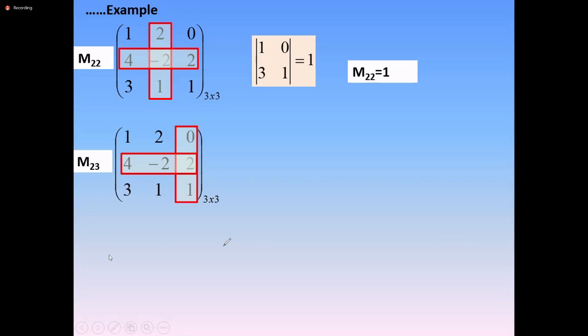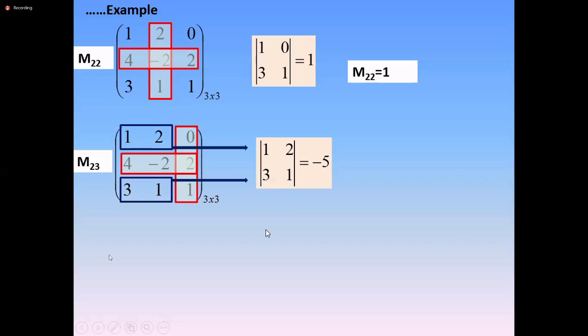Then what are the remaining values? 1, 2, 3, 1. Then take it as a determinant value. Just for explanation, when you do this in your examination, don't write this all at once. You can calculate. Your eye contact should catch the correct figures and do the simplification.